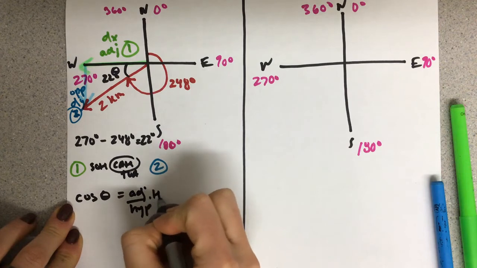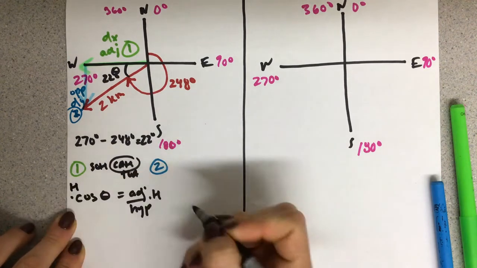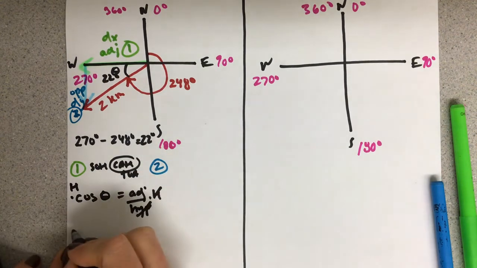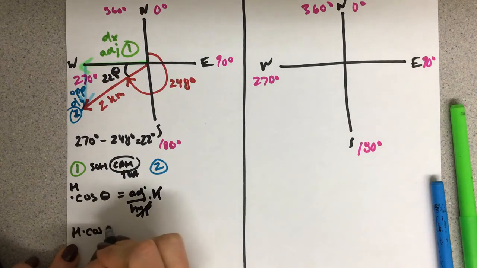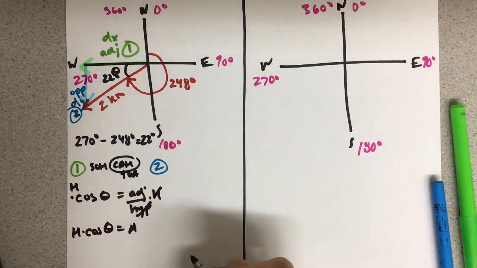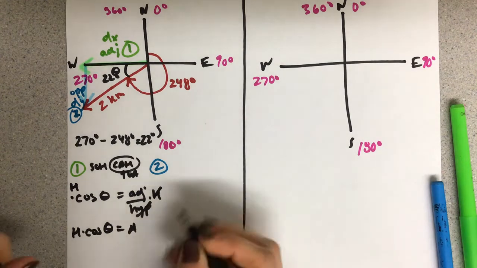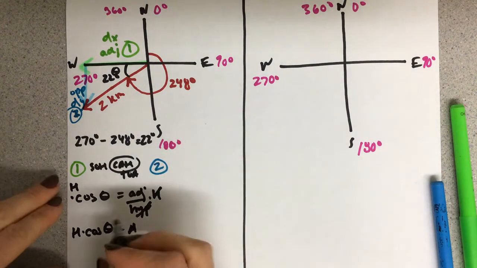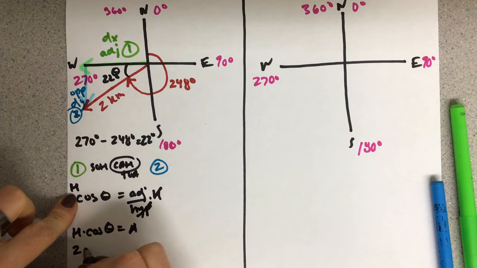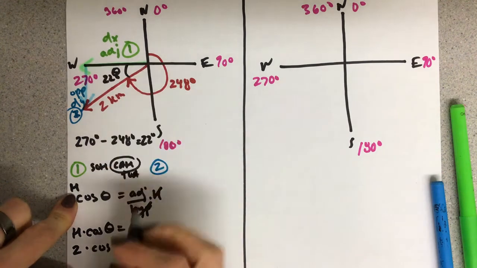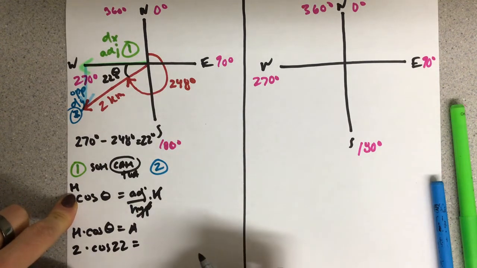I'm going to multiply the hypotenuse on both sides. Cancel, cancel. My hypotenuse times my cosine theta is going to give me my adjacent. I'm just writing it a little bit differently because I'm running out of space. My hypotenuse is 2 kilometers times my cosine of theta, which is 22, and that's going to give me my adjacent.